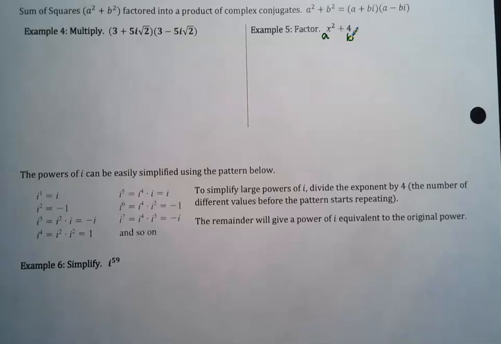No, right? Because it's squared. These are supposed to be squared terms. So this would be 2 squared. So our b value is 2. All right, so to convert this to complex form, we would have the quantity x plus 2i times the quantity x minus 2i.